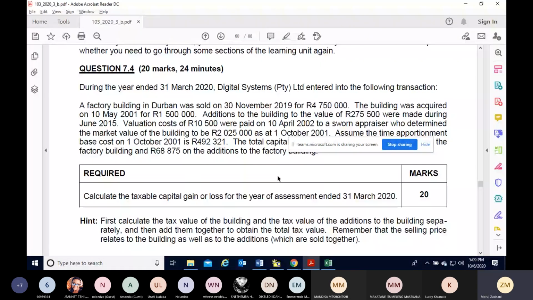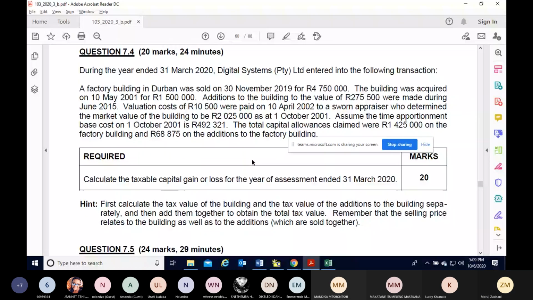I wanted to give an opportunity for any questions. But please note, after we are done with 7.4 and 7.5, we are going to move on. In fact, I'm tempted to do 7.5 only, because I think we have already done 7.4.